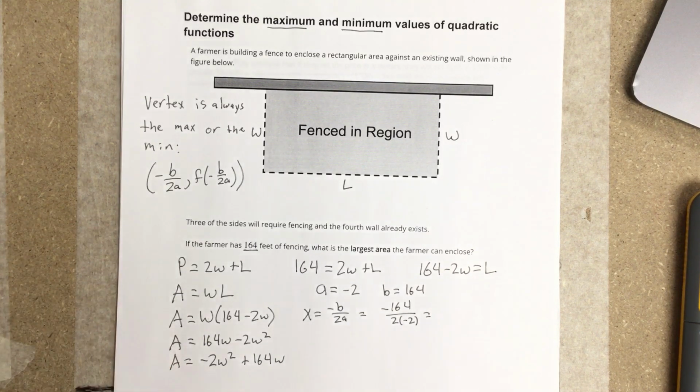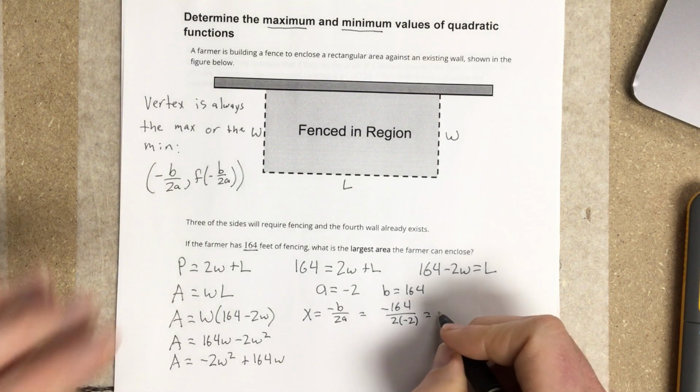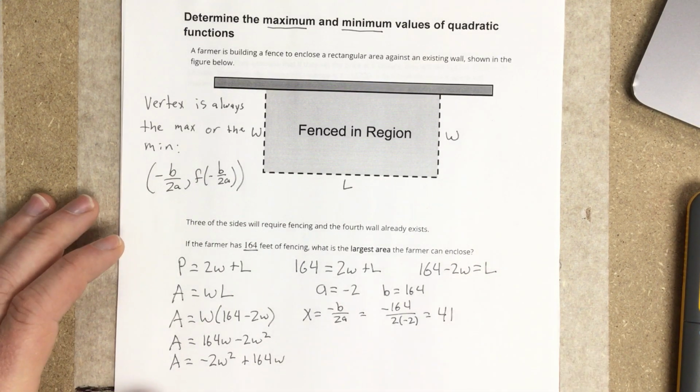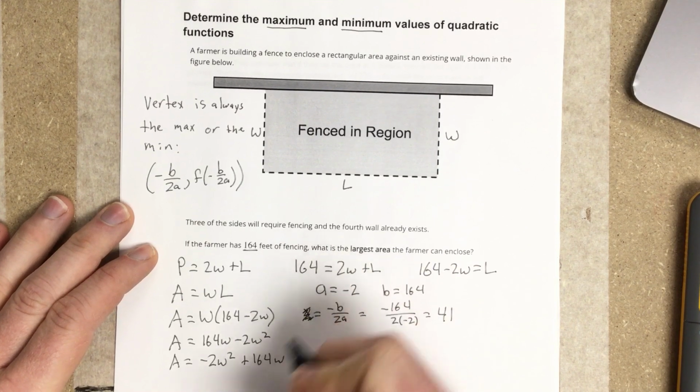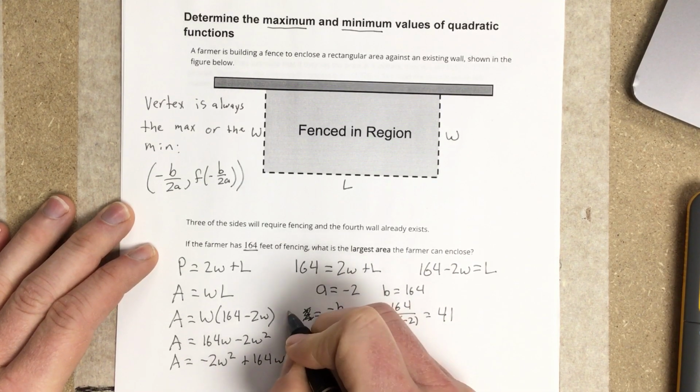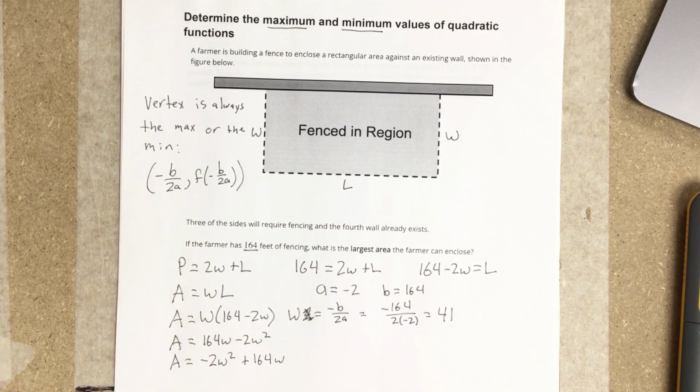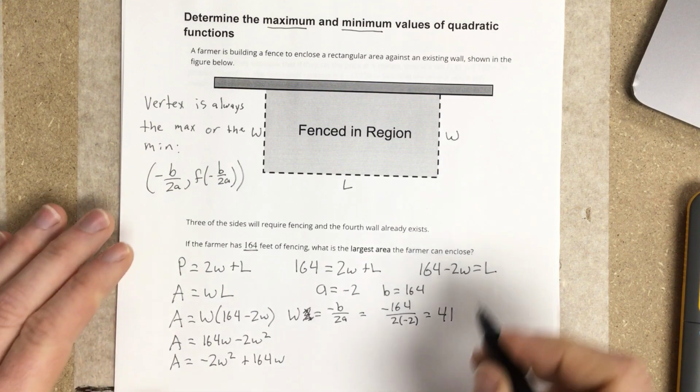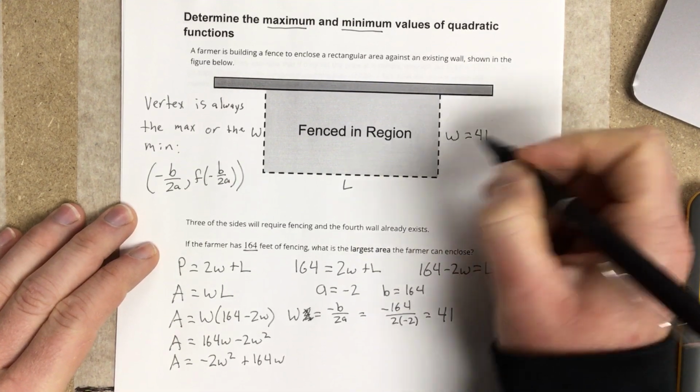So I get negative 164 divided by negative 4, which is 41. Oh, but I shouldn't have said x there. We're using W for our variable. So W is equal to negative b over 2a. That tells me the width of each of these is 41.